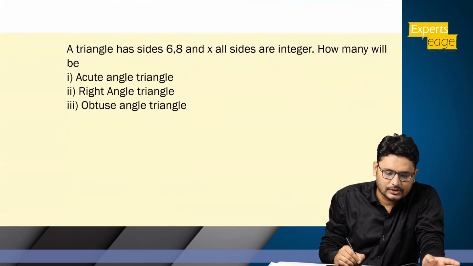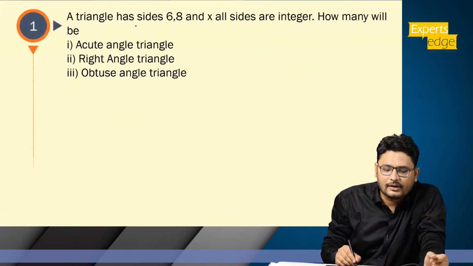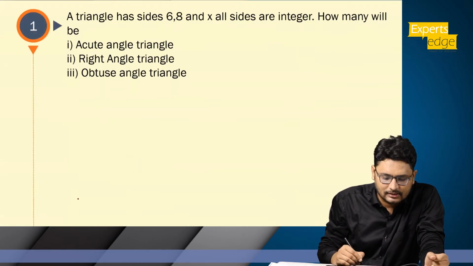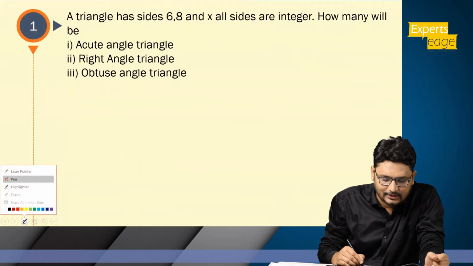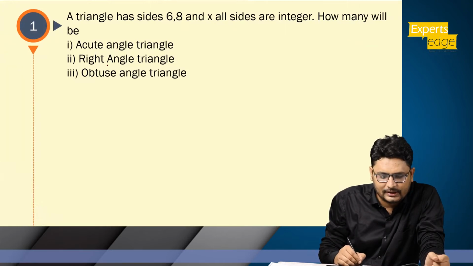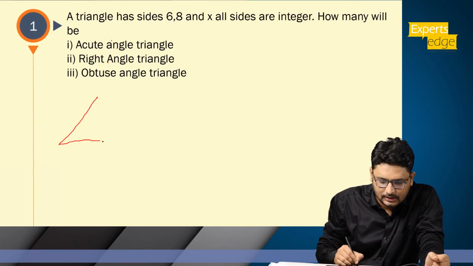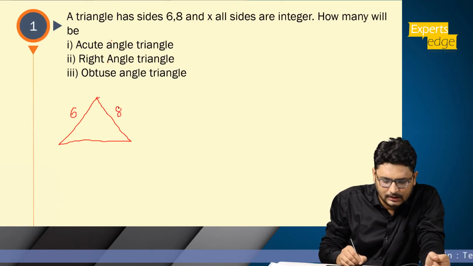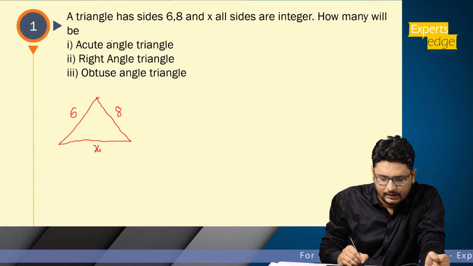The first question is, if a triangle has sides 6, 8 and the third side is x where it is an integer, right? Now what he is asking is how many right angle, acute angle, obtuse angle triangles are possible. So if one side is 6, one is 8 and one is x, okay?